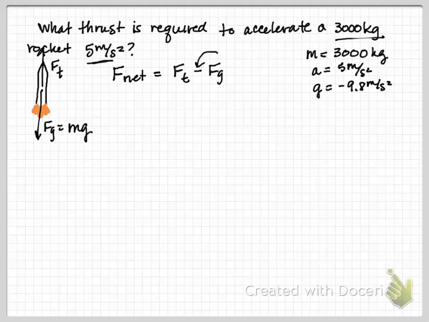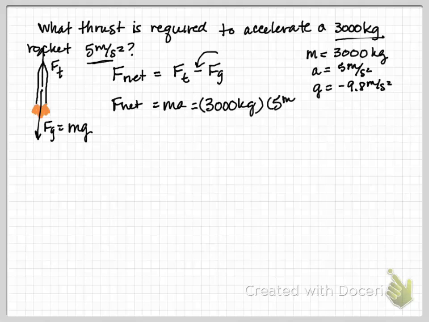So this time we do know what our net force is. F net is mass times acceleration, which is 3,000 kilograms times 5 meters per second squared, which is 15,000 newtons.